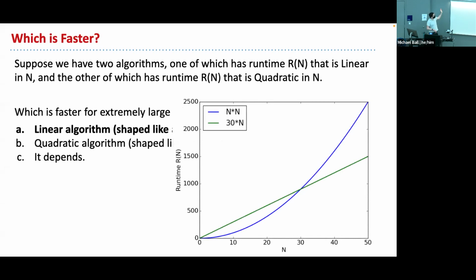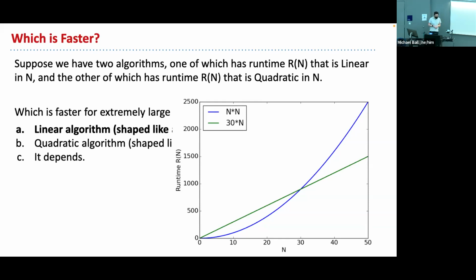It doesn't take much to see that this green line, which is the linear algorithm, after this point right here, is just always going to be lower than that blue line. If we make our n many times larger, the function is going to take longer to compute, but at some point n times n is just going to be so much larger than what this happens to suggest is this function would be 30 times n.